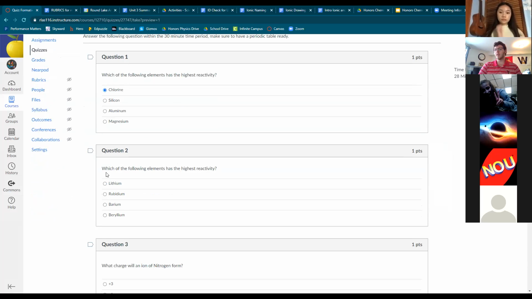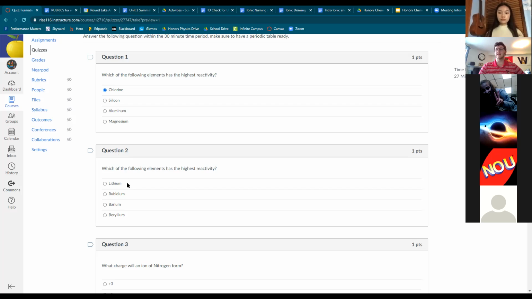The next one we're looking at, it says which is the highest reactivity. So we have lithium, which has 1 valence electron, rubidium, which has 1 valence electron, barium, which has 2 valence electrons, and beryllium, which has 2 valence electrons. So now we have to talk about the fact that one, whichever one has the least amount of valence electrons, and two, which one is going to have the smallest ionization energy.